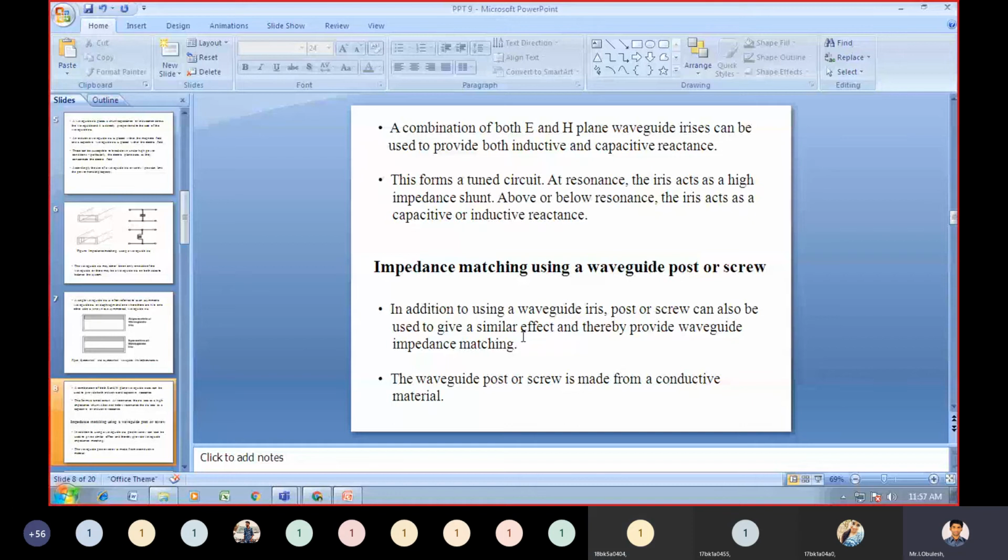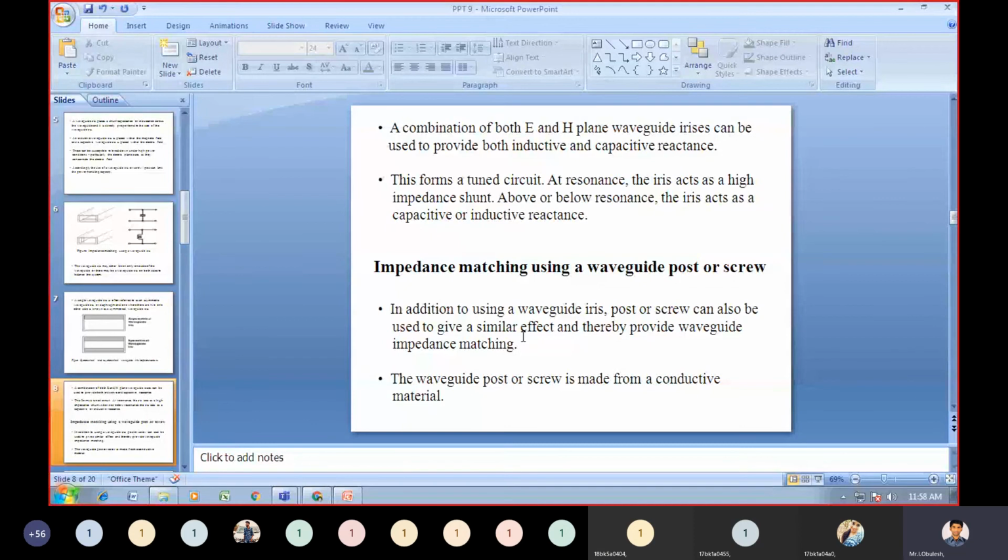If you are using waveguide irises inside your waveguide, whether rectangular waveguide, TE mode or TM mode, whatever it is, these two act as capacitive and inductive reactance. Next, coming to impedance matching using a waveguide four-star screw.